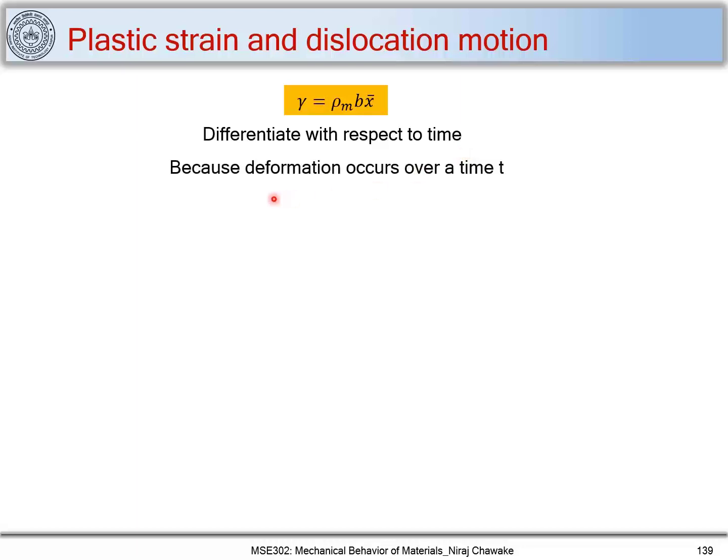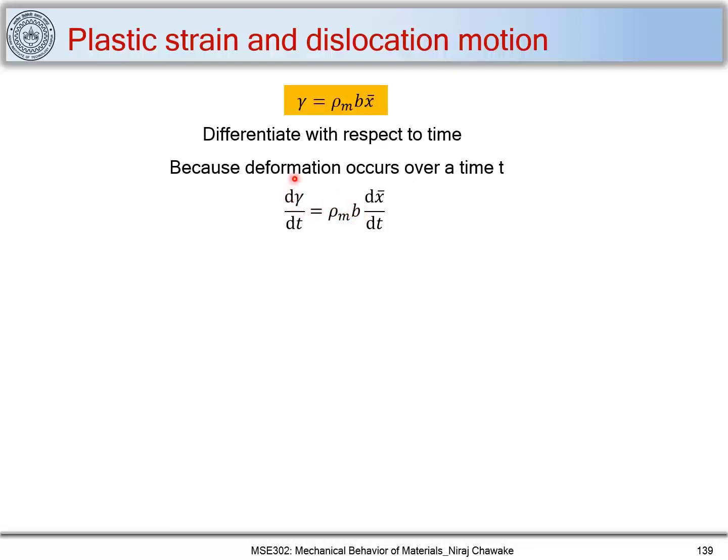So we can differentiate this relation with respect to time, and we can consider that rho m and b remain constant for that given length of time.